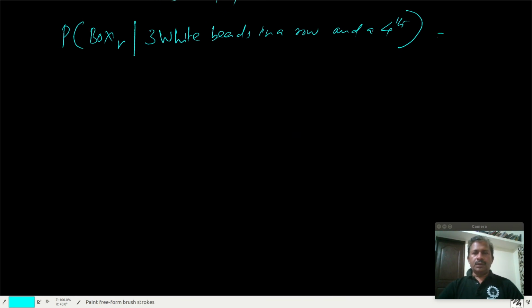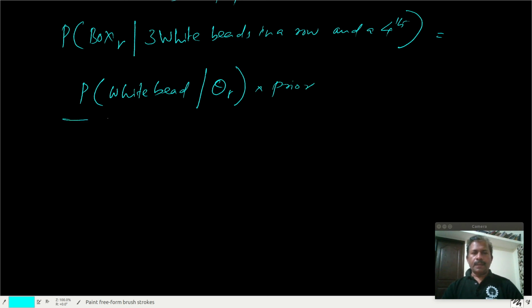So this will be equal to what? The probability of a white bead given the box is red, multiplied by the prior probability. Let me write it as prior.